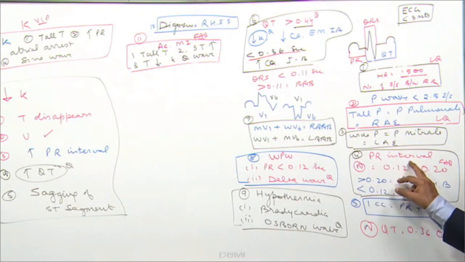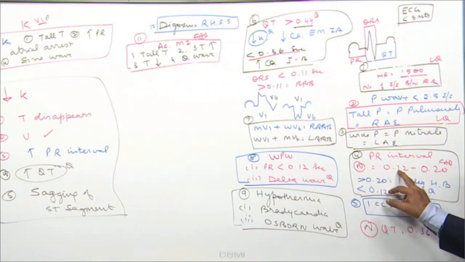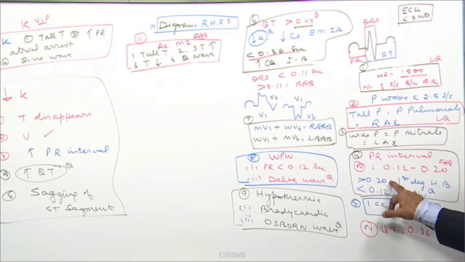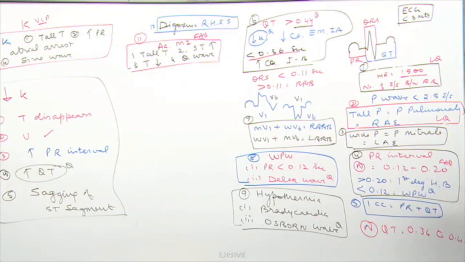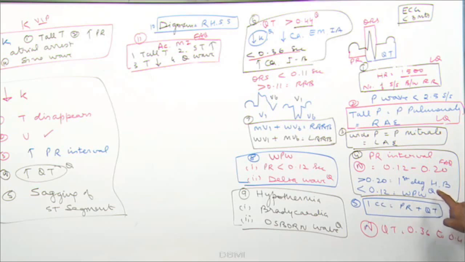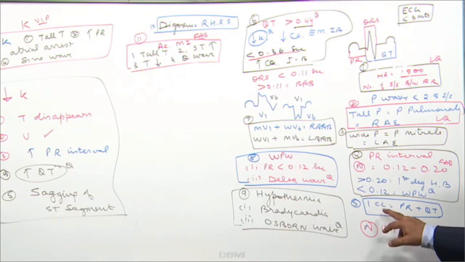Normal PR interval is 0.12 to 0.20 second. PR interval more than 0.20 is seen in first degree heart block, and PR interval less than 0.12 is seen in WPW syndrome. Box number 5, one cardiac cycle is PR plus QT.